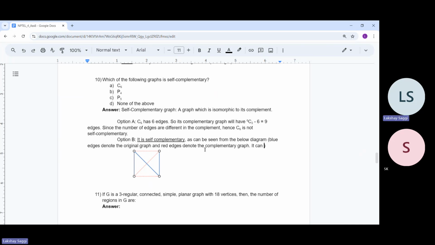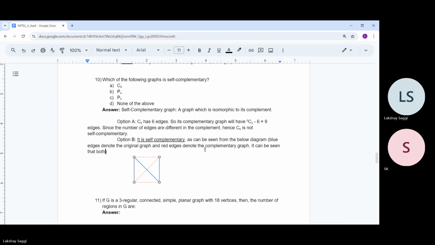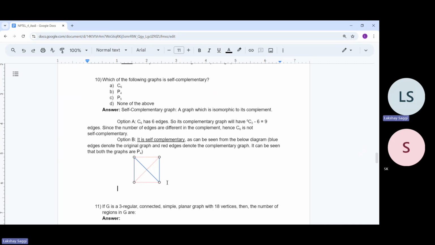It can be seen that both the graphs are P4. Yeah, this is a P4 graph, this is a P4 graph. And now they are isomorphic to each other. You can always relabel it. So yeah, two graphs that are P4 can always be relabeled and hence are isomorphic. Okay, so I hope this is clear. If so, then maybe we can move on to option C.